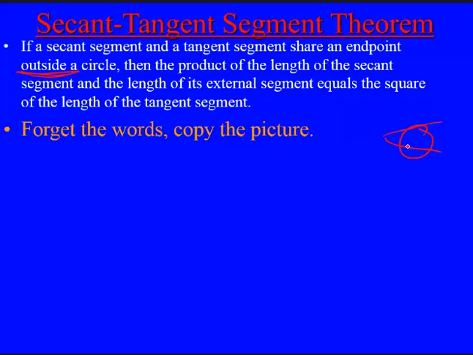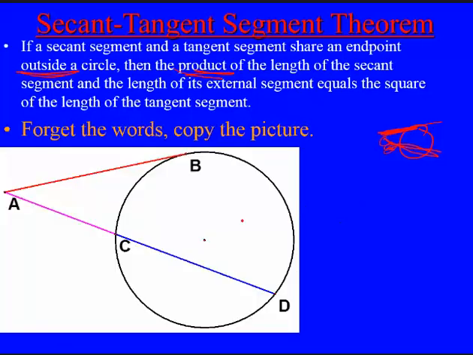Then the product of the length of the secant, again, we're multiplying the length of the secant times its outside part, is going to equal the square of the tangent segment. So we're squaring this. So again, let's just look at the picture. Copy down this picture in your notes.